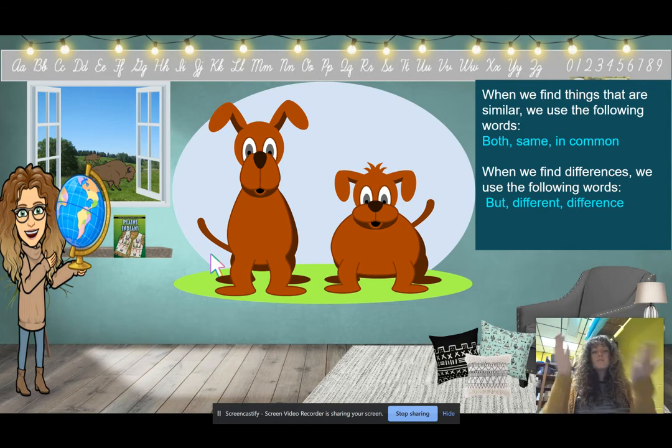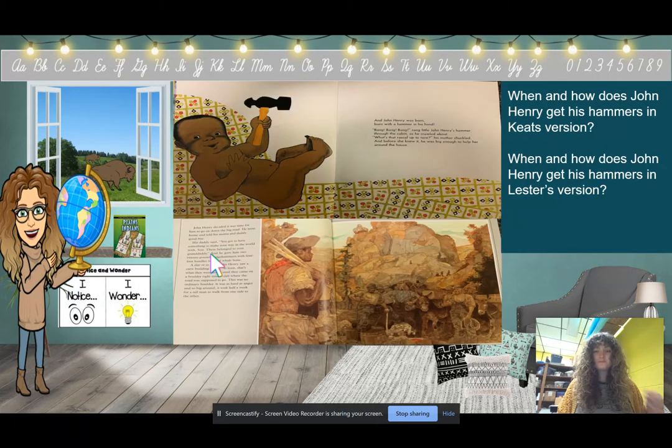When we are comparing, we use that conjunction but to compare and contrast two things. We are going to be comparing and contrasting the time when John Henry was born, when he gets his sledgehammers, when he works on the steam drill, and how he died.